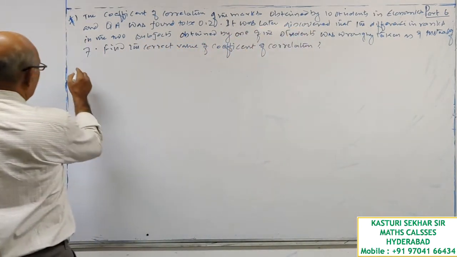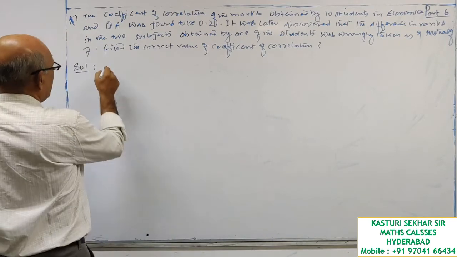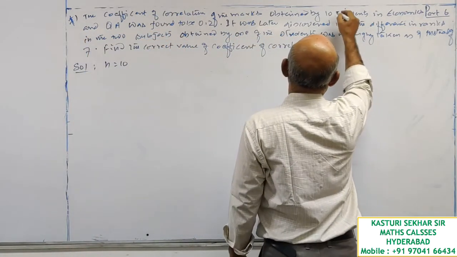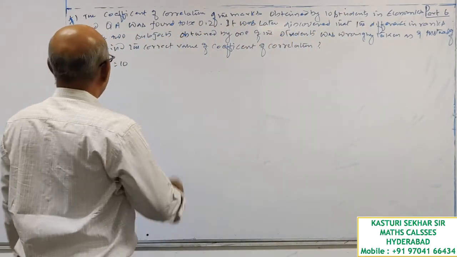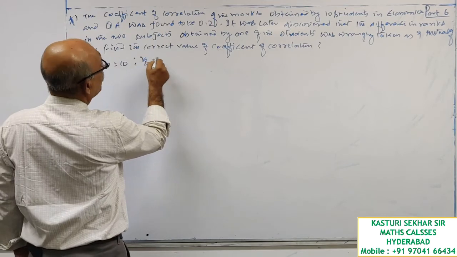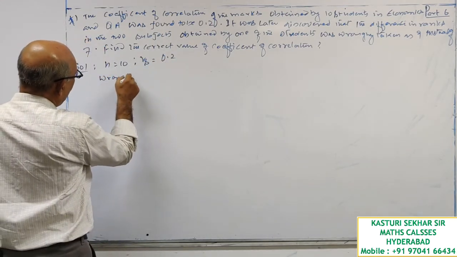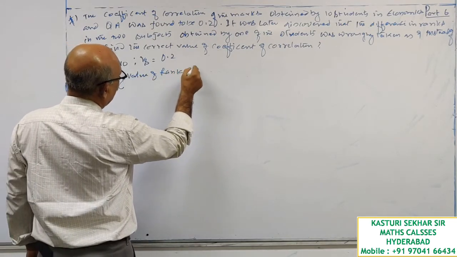See the question. Solution. How many students have we taken? 10. N is equal to 10. RS is equal to 0.2. Wrong value of rank is equal to 9.